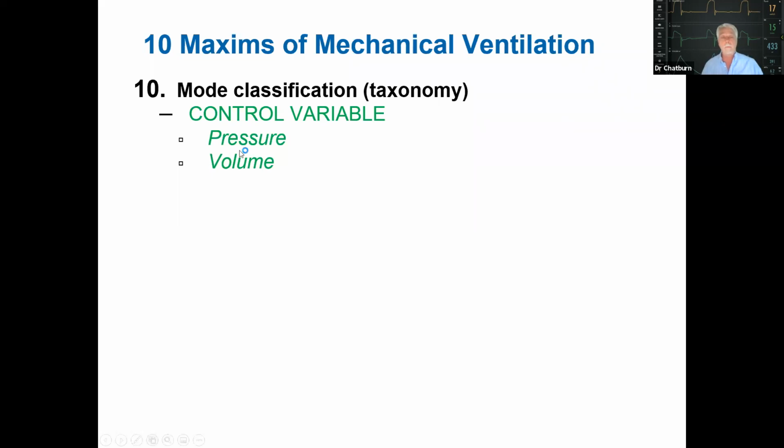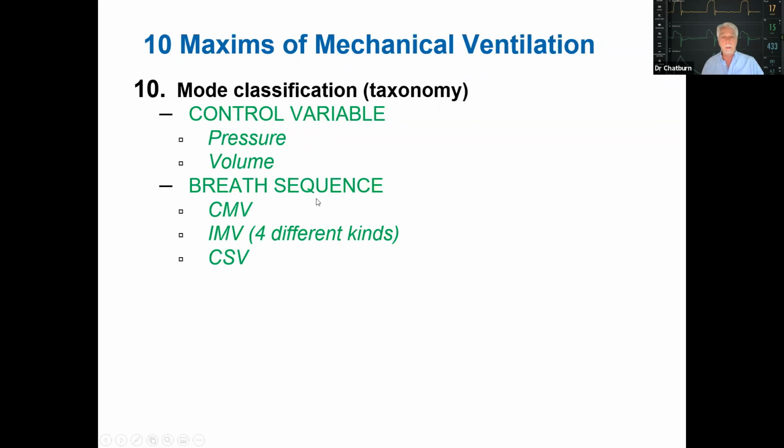Or we have a volume control mode, in which case, because on the right-hand side of the equation of motion there are 2 variables, volume control means the operator presets both the tidal volume and the inspiratory flow waveform.